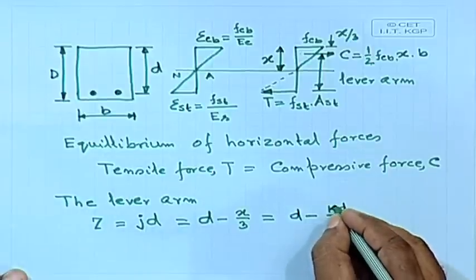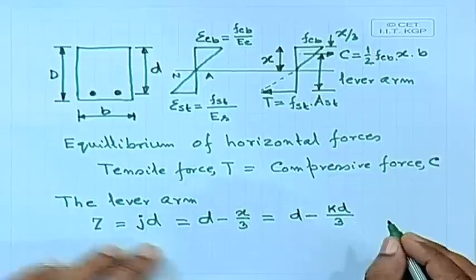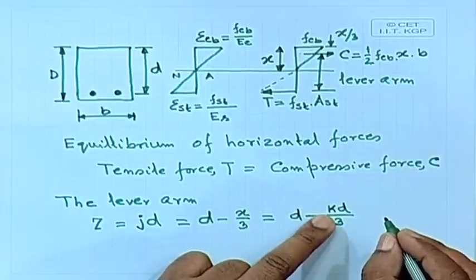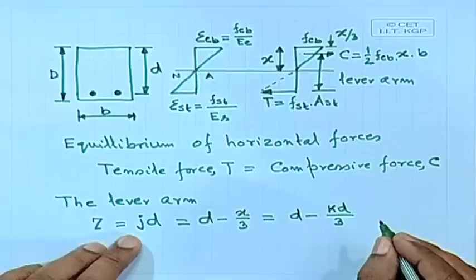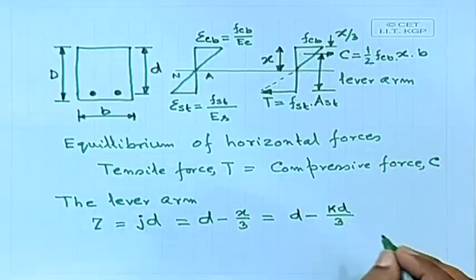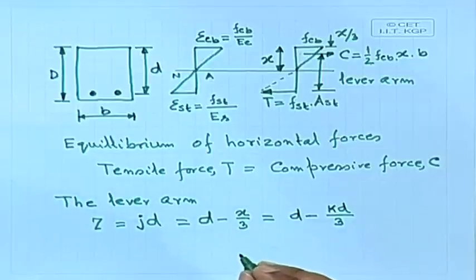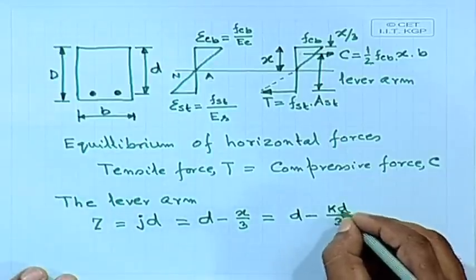So, another fraction, say K. First we considered J, and another coefficient we are considering is K. So, JD is the lever arm, and KD is the depth of the neutral axis.